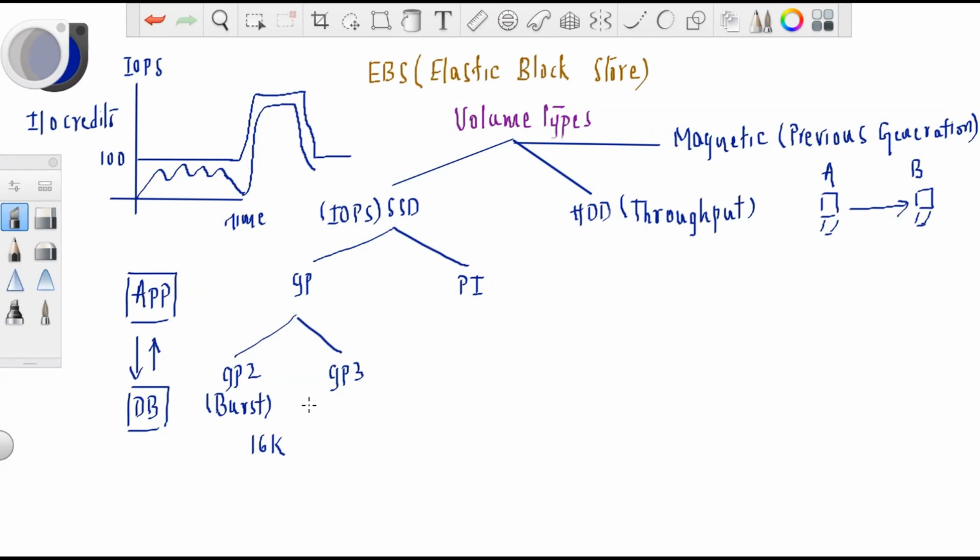And GP3 volumes offer a 20% lower price per GB than the GP2 volumes. So both GP2 and GP3 provide the same IOPS and also the same volume size, which is from 1 GiB to 16 TiB, but they differ in terms of their underlying technology, pricing structure, and features.